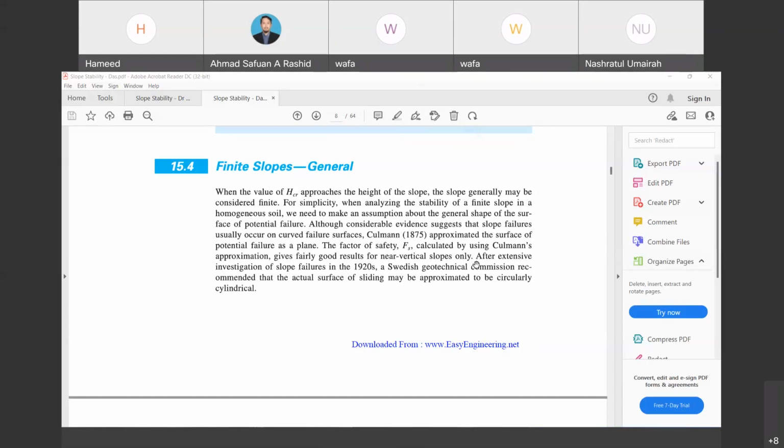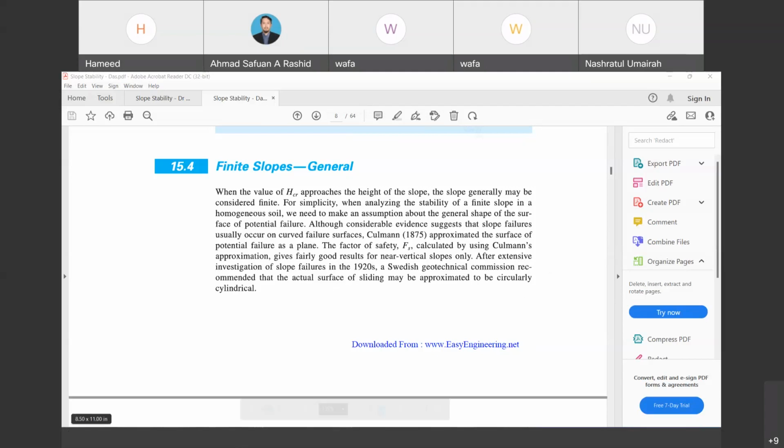The safety calculated using Culmann's approximation gives fairly good results for near vertical slopes only. So this is the limitation of the Culmann method, which is the one that we use with the linear failure plane approach. After extensive investigation of slope failures in 1920, the Swedish Geotechnical Commission recommended that the actual surface of sliding may be approximated as a circular cylinder. So this is the evolution that was made by the Swedish Geotechnical Commission.